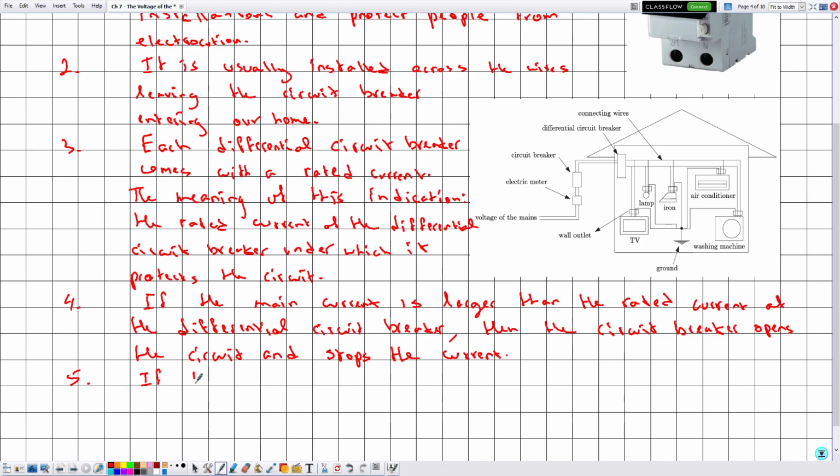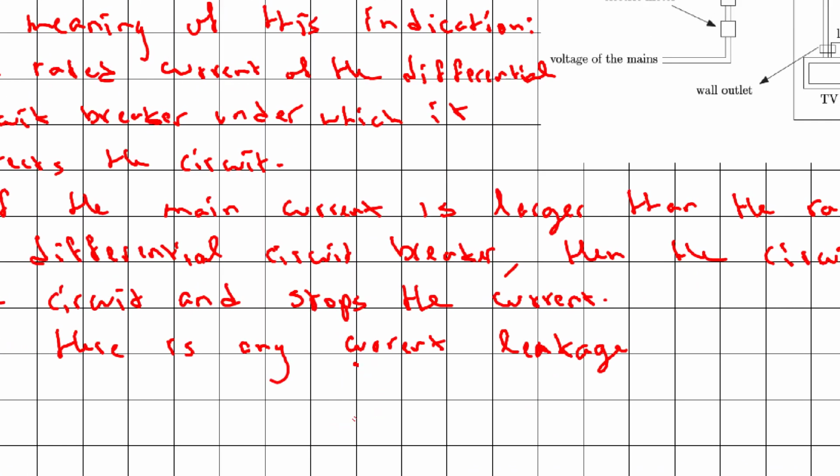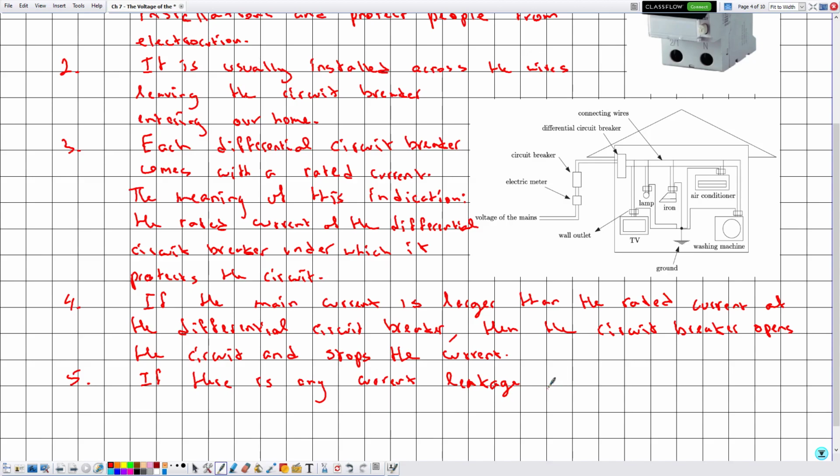If there is any current leakage, now this is a new statement. At this level it's a bit difficult to explain what is meant by current leakage, but think about it as electrocution, which is the injury due to electric shock, detected by the differential circuit breaker.